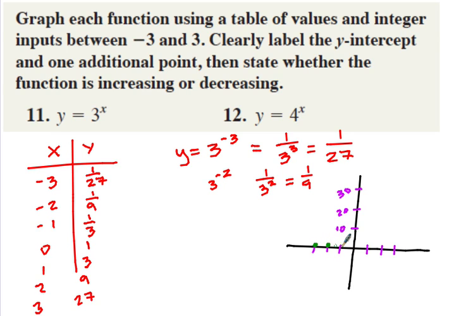Still really small. Then 1, 3, 9, 27. All of a sudden this thing starts to ramp up on us. Now you've got 7 points, and even though we may not have known what it looks like, it starts to help you build the shape. So generically, anytime you're stuck and you have no idea what something looks like, build a table.